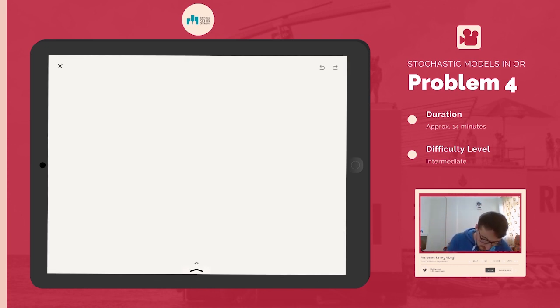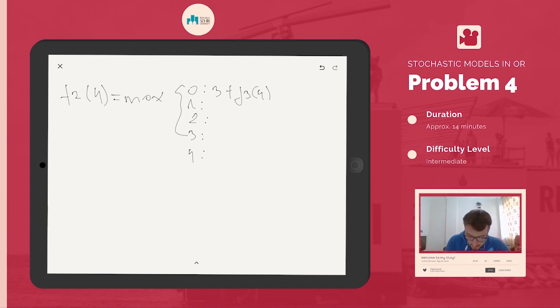Another possibility we have is that we can go to stage 2 with $4. Then in this case, I can have these possibilities. The first one is that I spent $0 here and leave the rest for the third stage, or I can spend $1 here and leave the rest for the next stage, or I can spend $2 here, invest $2 here, and go to the next one with 2.